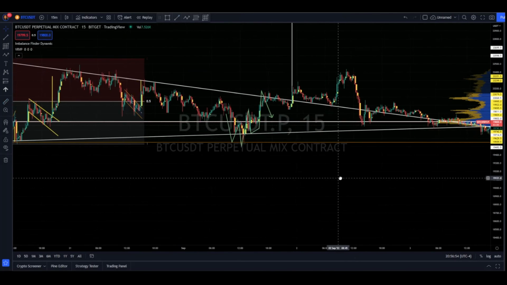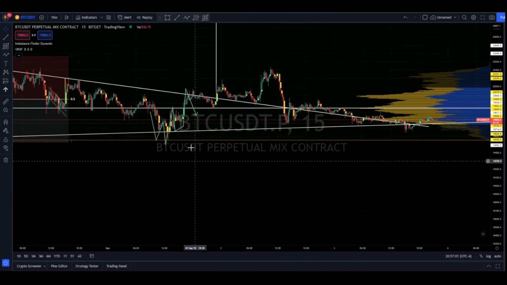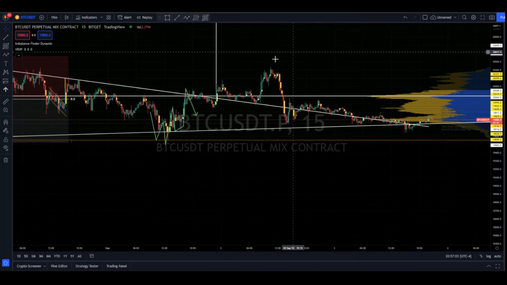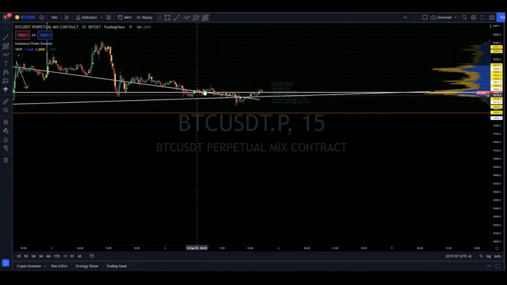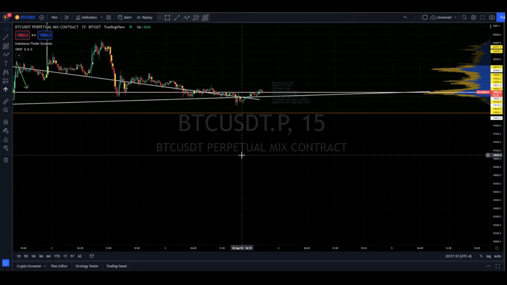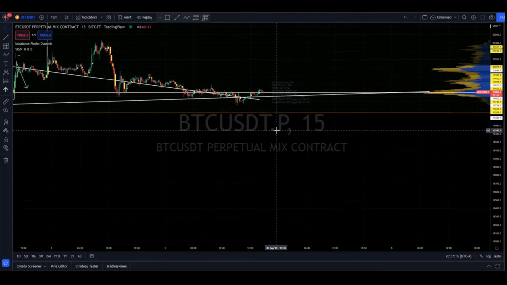It's one thing for it to be a resistance and then it flips into support and stabilizes. That's great. But if it's sitting here floating about, run for the hills. Go find another coin to play with, because that's what you need to do.